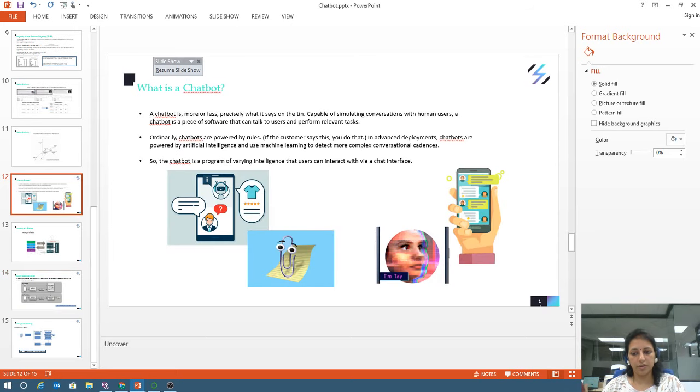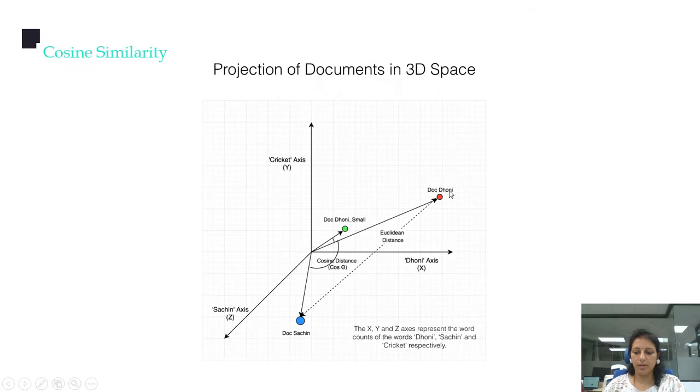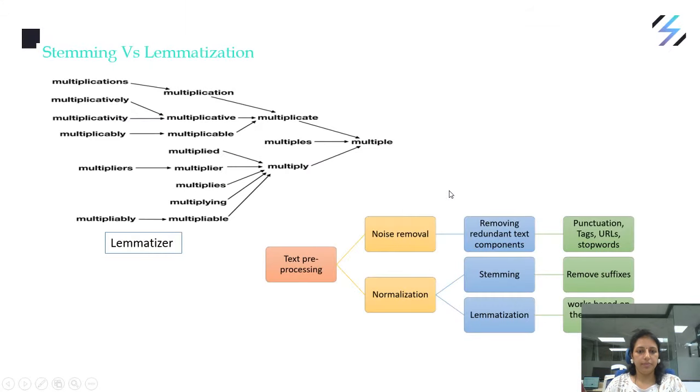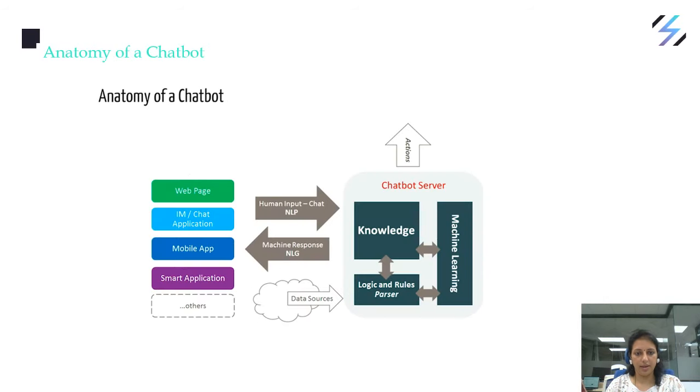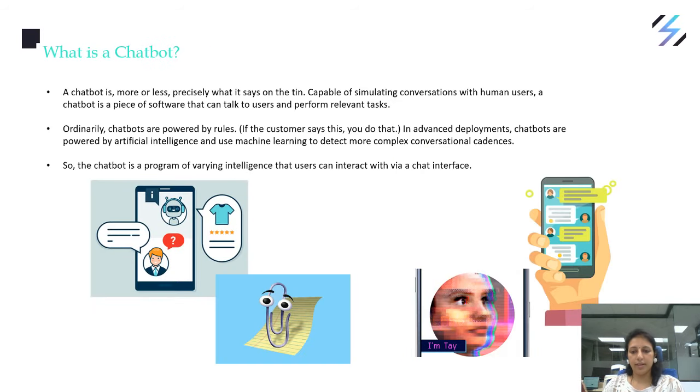Okay, a word of caution. Here we all know maybe the story of Tay, the chatbot, which was developed by Microsoft in 2016, and it was shut down in 16 hours, less than a day.